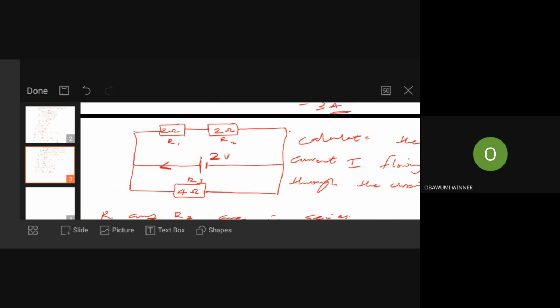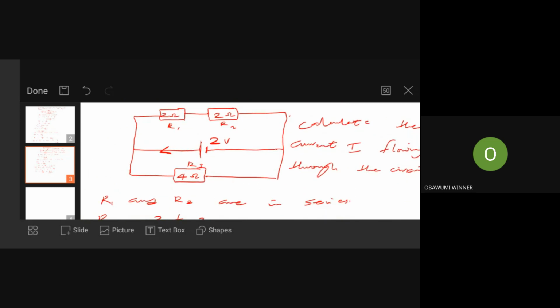Look at this diagram. You can see that these two here, R1 and R2, came here. One of the legs came here. This R3, which is 4 ohms, also has a common meeting point here. Then this other side, I have 2 points here. So you see that the sum of these two resistances here is actually in parallel with R3, which is 4 ohms.